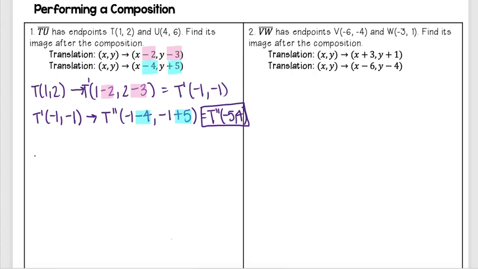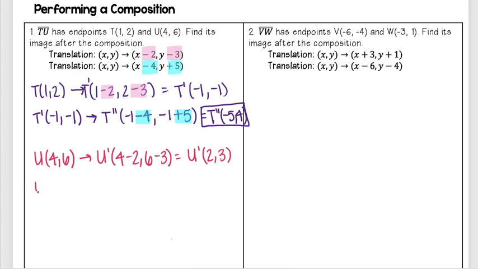Now I need to do my second one. So I'm going to start again with that very first translation. So that means I am subtracting 2 from x and subtracting 3 from y. Well, 4 minus 2, I get 2. 6 minus 3, I get 3.